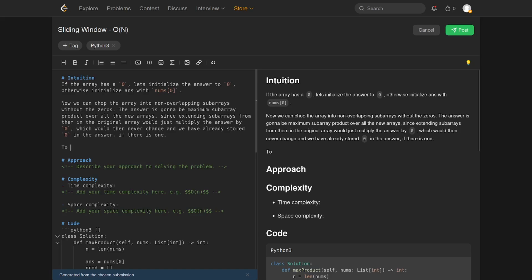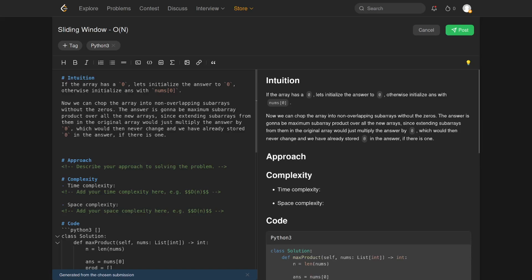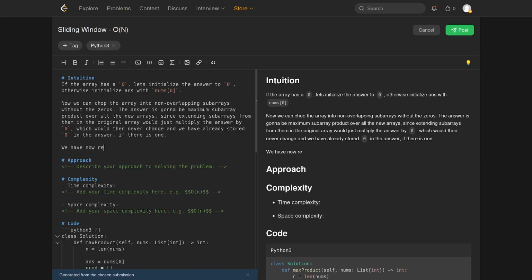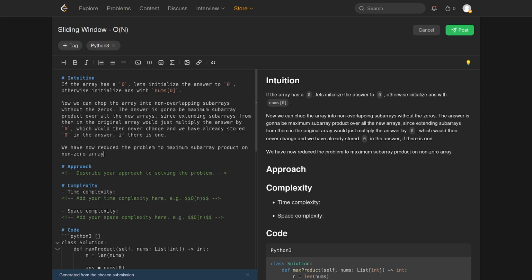Now we have reduced the problem to maximum subarray product on non-zero array.